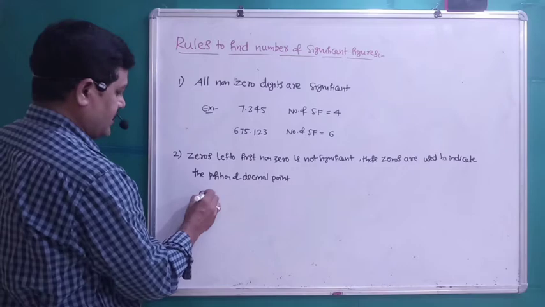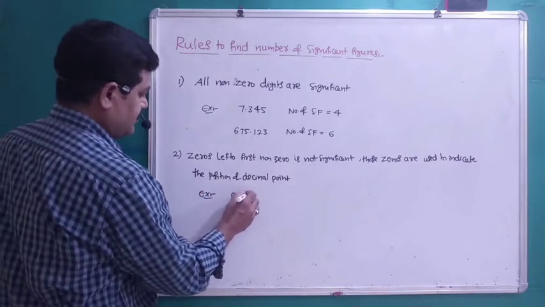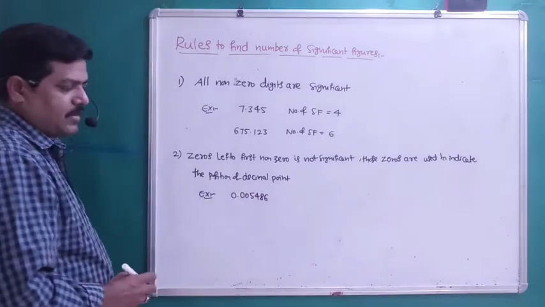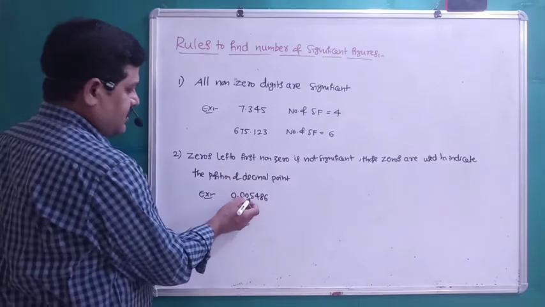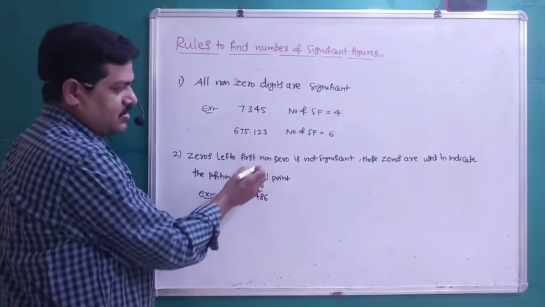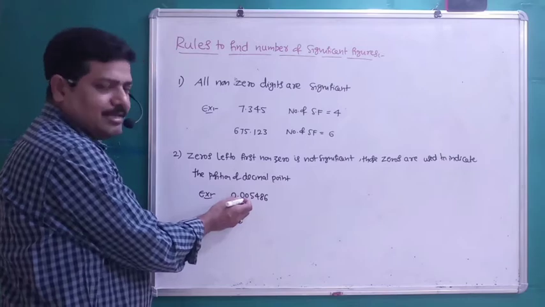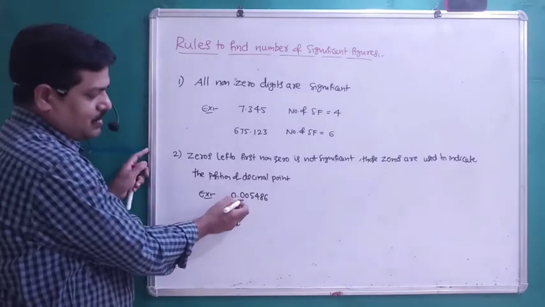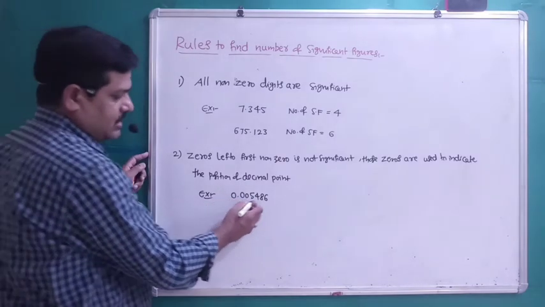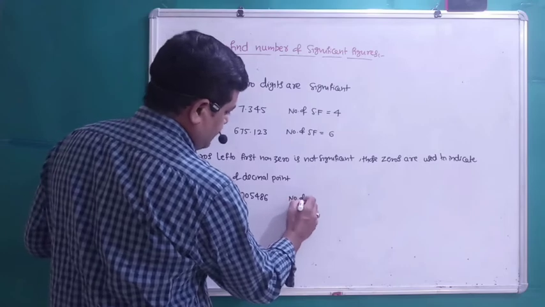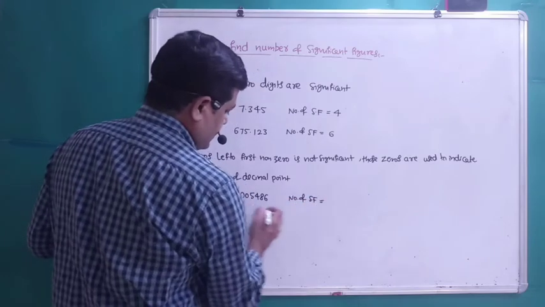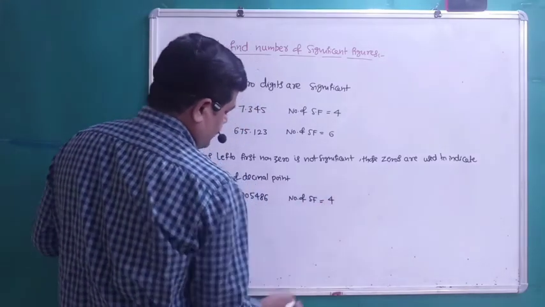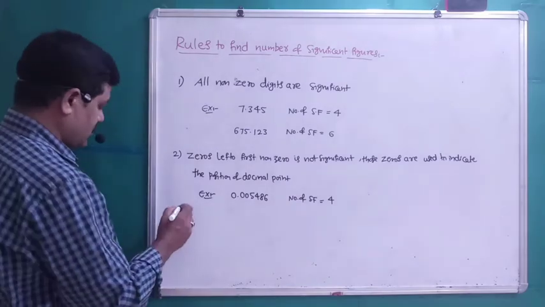For example, you take 0.005486. The zeros to the left of the first non-zero digit are not significant. All these zeros are not significant, but they are used to indicate the position of the decimal point. So here all non-zeros are significant, so 1, 2, 3, 4 only we will get. So the number of significant figures is 4.